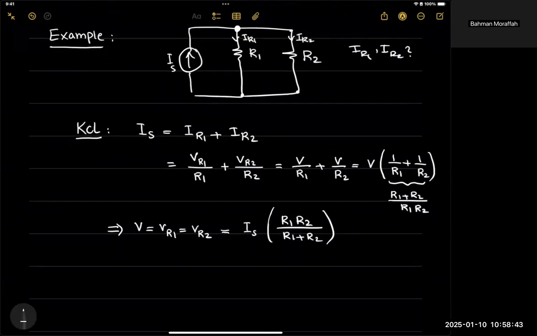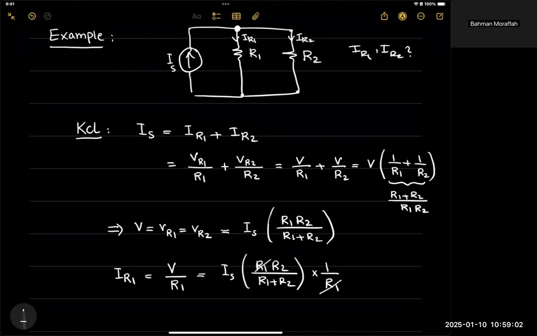So what are we looking for? We're looking for I of R1. I of R1 is V divided by R1. So it is I of S times R1 R2 divided by R1 plus R2, the whole thing divided by R1.